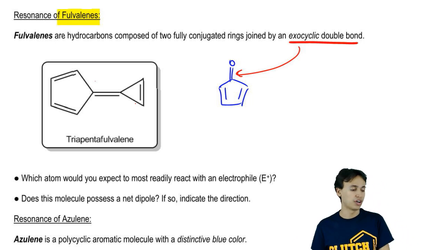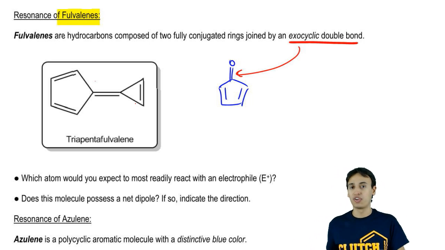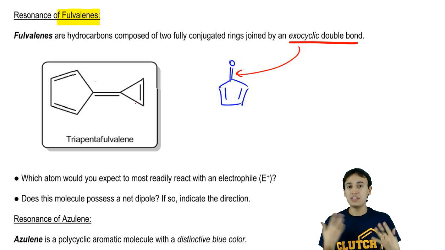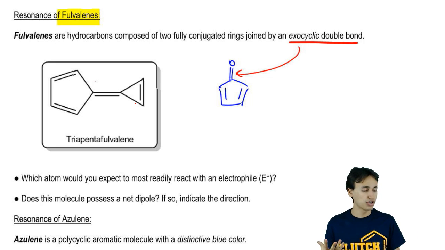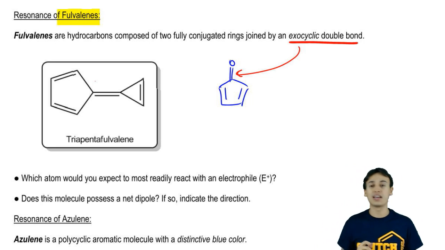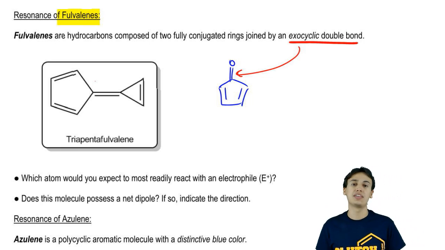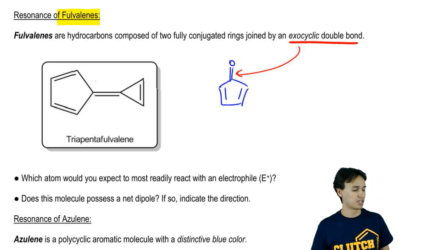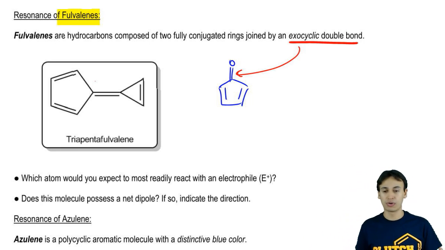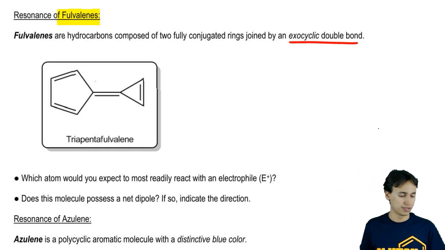Like I said earlier, these double bonds, if they're exocyclic, can be seen as a loose pair of electrons, meaning that I should ionize them in a way that's going to make the most aromatic compounds possible. So I'm going to erase this example so I can get a little bit more space.